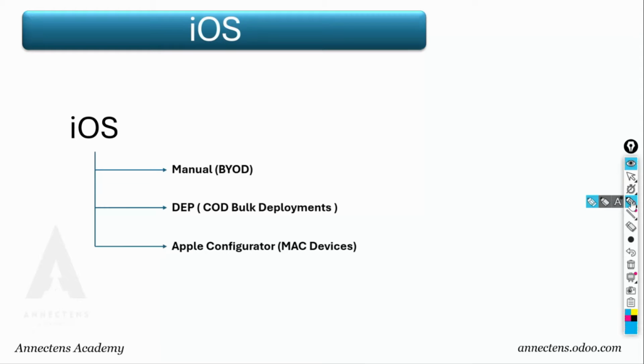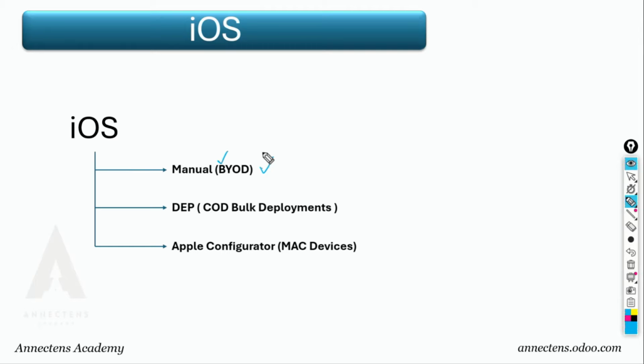iOS devices can be enrolled in Intune, and there are three methods. One method is called the manual method. In the manual method you are basically doing BYOD, the bring your own device concept.